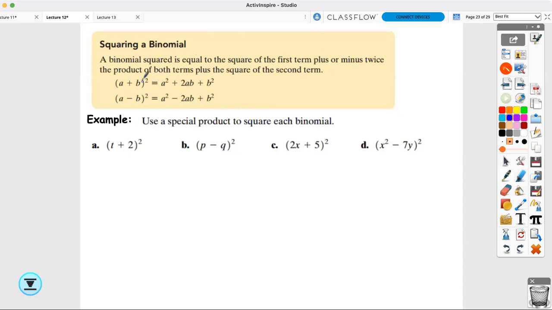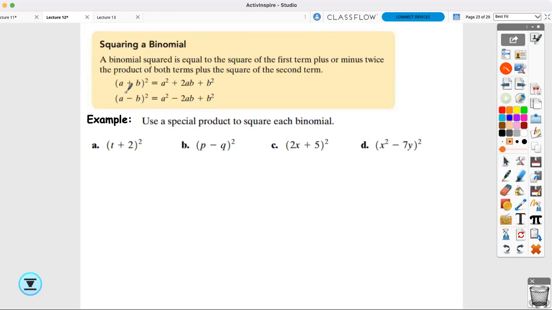So a plus b squared is equal to a squared plus 2ab. Whatever a and b are, we multiply them by 2, and that's the middle term, and then b squared.